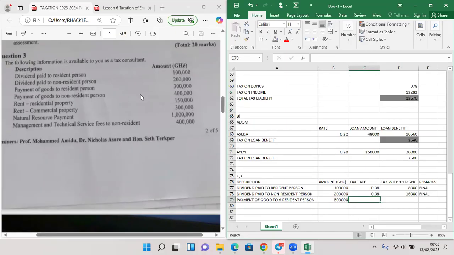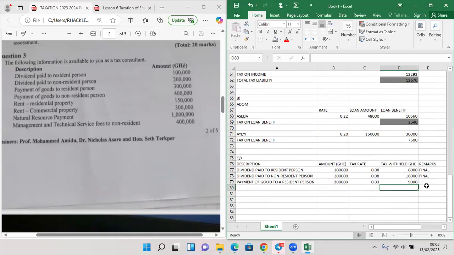But if what was here was less than 2,000, then it will be tax exempt, right? So 3%, and then the tax held will be equal to this, and this will be not final.